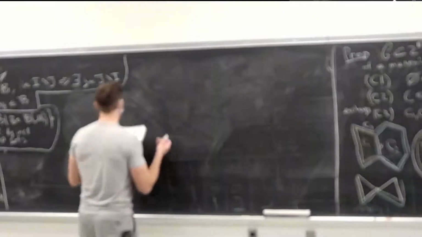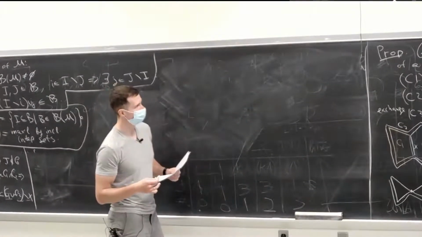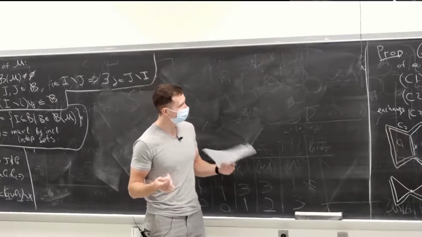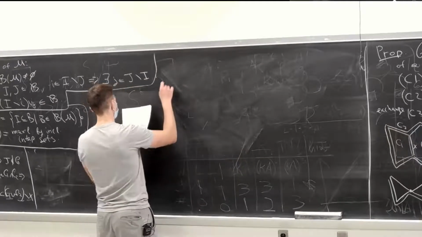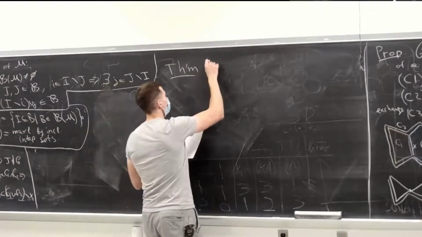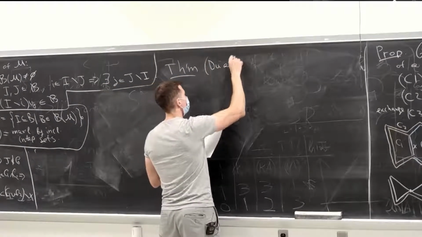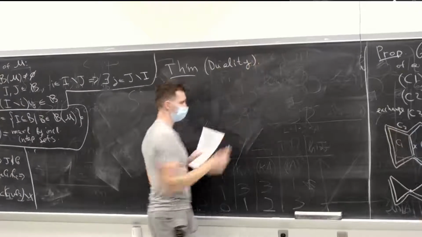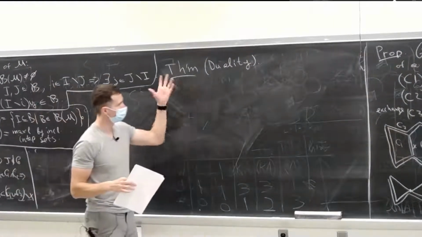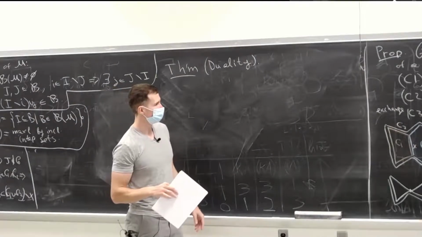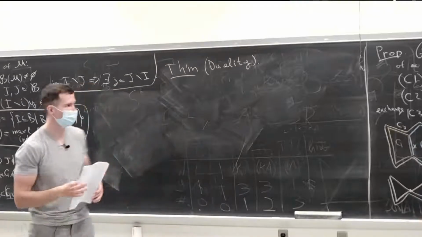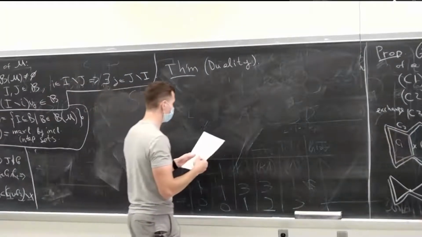All right, the reason I'm not proving any of that is I want to tell you some interesting stuff. The interesting statement I want to make right now is duality for matroids. As you remember, in the first lecture or whatever, we were talking about what's the dual of an arbitrary graph, which may not be planar.